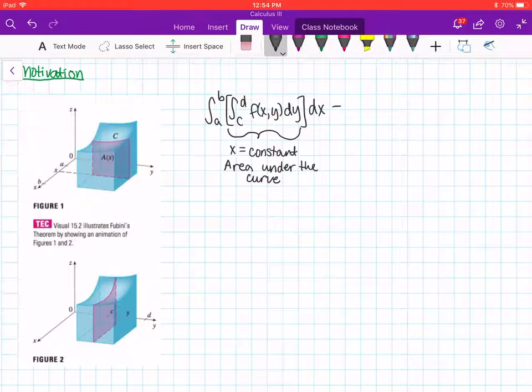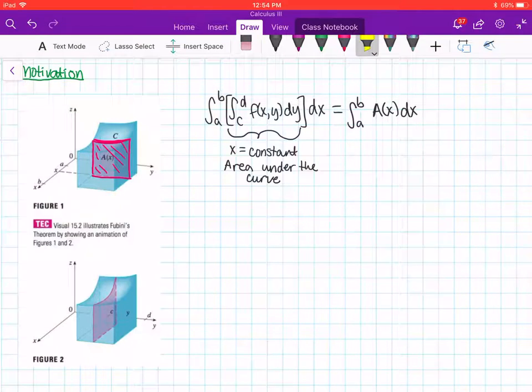Okay, and so we discussed earlier that we could write it as the integral from A to B of some function A of x. We're calling that A. And so if you look over here in our picture, we have here x is constant. We're integrating underneath the integral. And this little sliver thing here is what we're calling A of x.